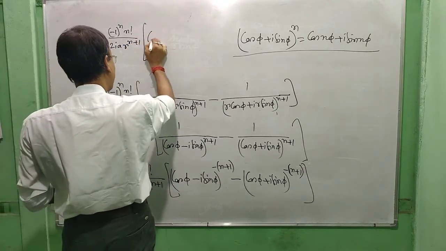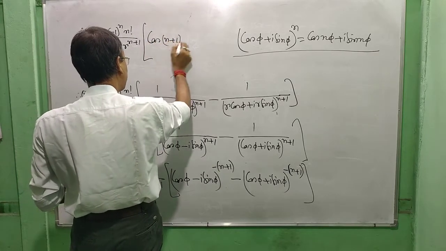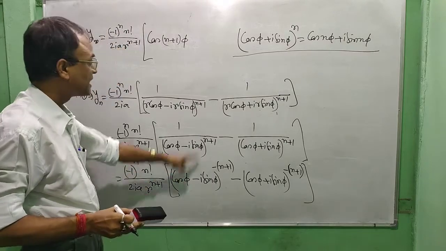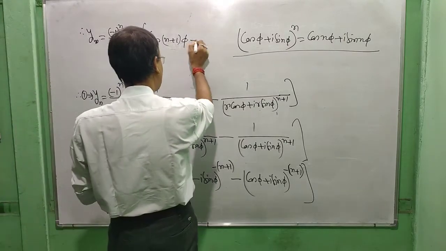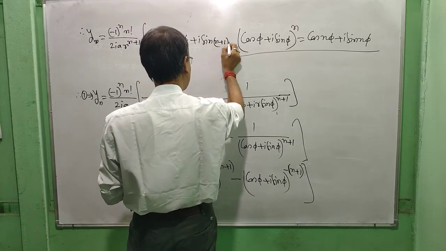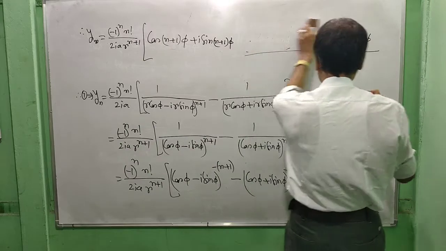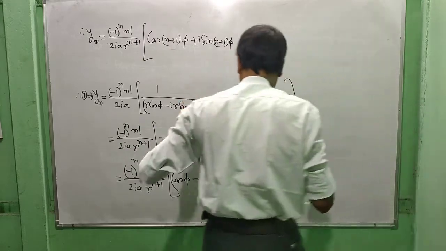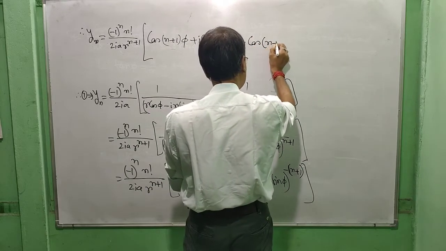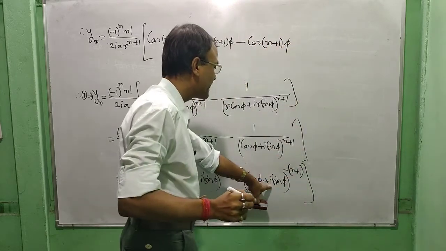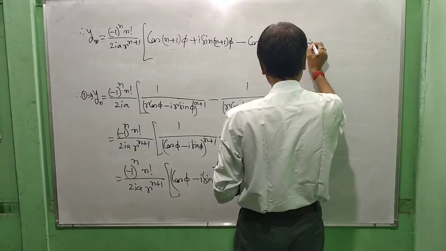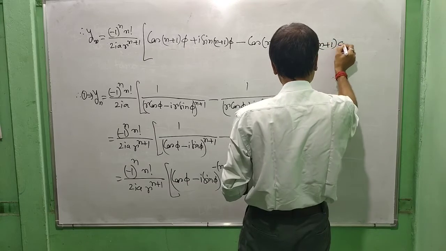You may write it as cos n plus 1 phi plus i sin n plus 1 phi, minus cos n plus 1 phi, and it will be again minus and minus, it will be plus i sin n plus 1 phi.